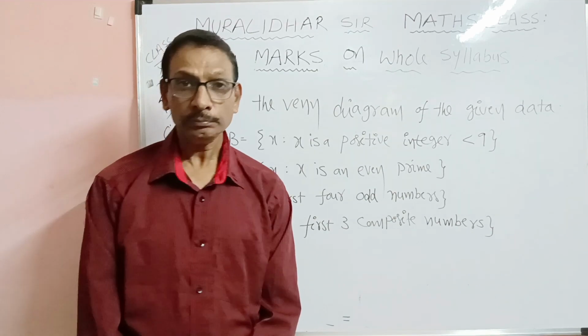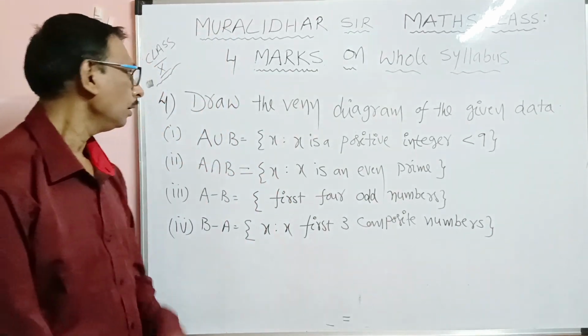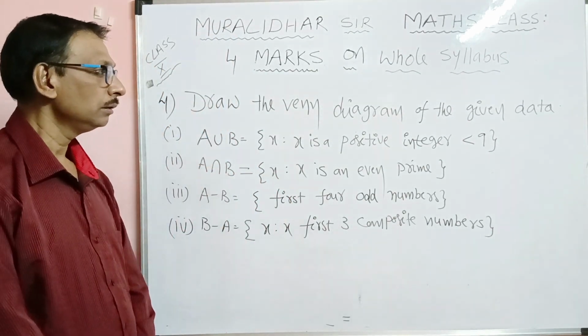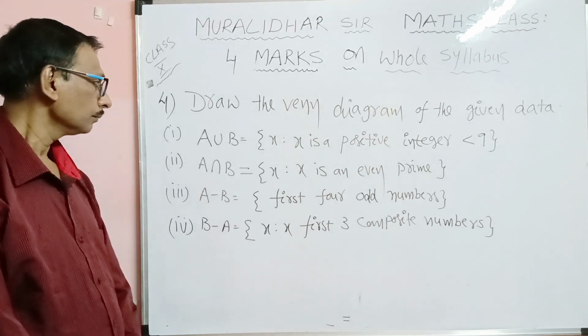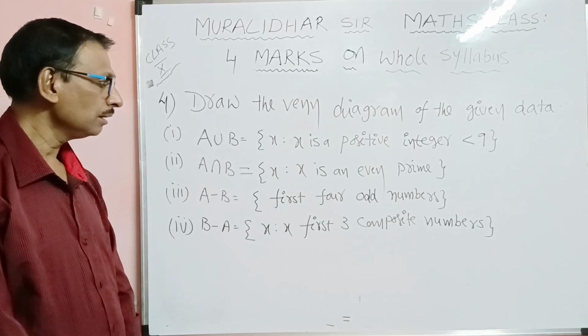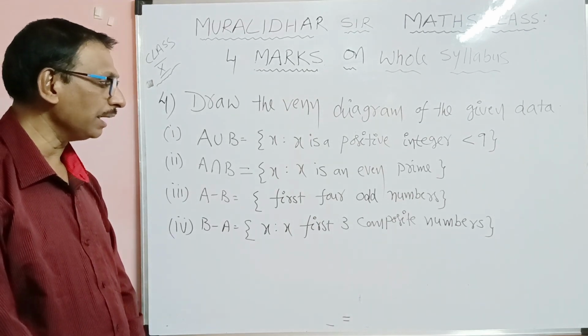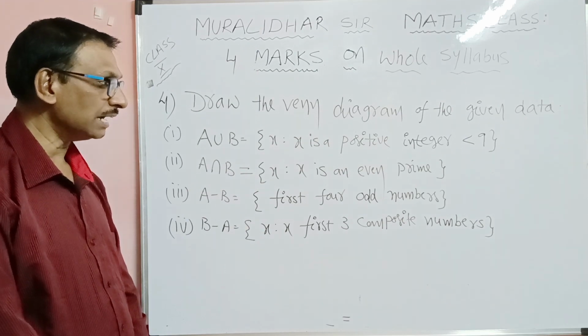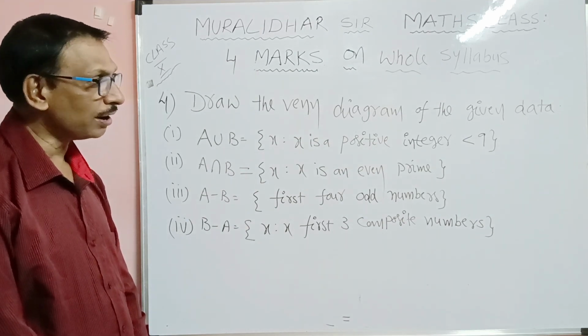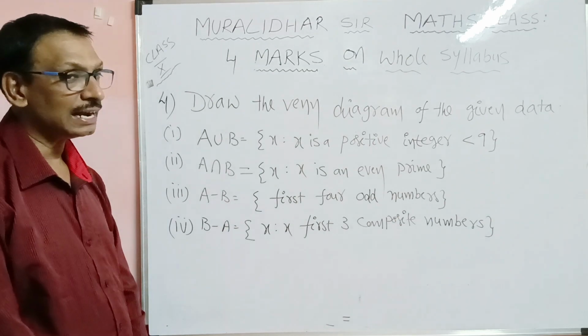One more problem. Draw the Venn diagram of the given data. The first one is A union B is equal to x such that x is a positive integer less than 9.